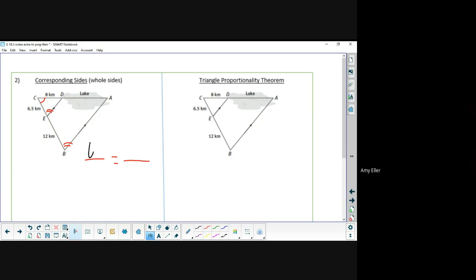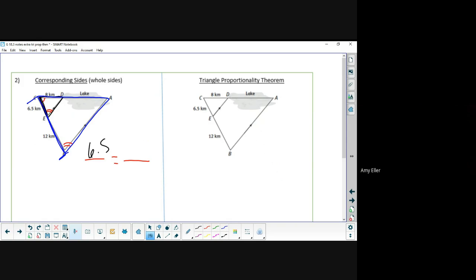6.5. Let's all write down 6.5. She decided to start with a small triangle. So she picked one of those numbers. Now we are going to go to the big triangle and pick the one that goes with it. It's set up kind of nicely, so you don't have to think too hard. 6.5 is touching the single arc and the double arc. In the blue triangle, that goes with this side. That whole thing.